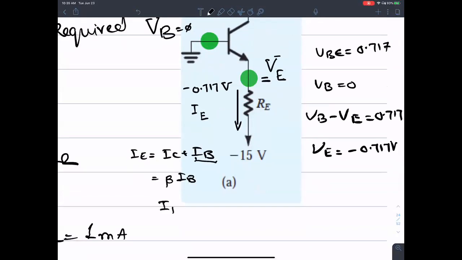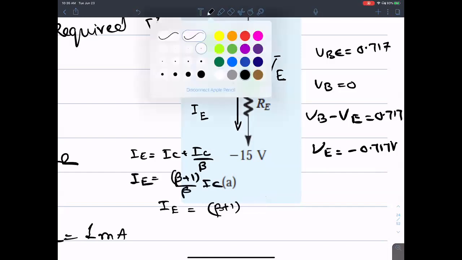So we can calculate IE to be beta plus 1 times IB. We can write all of this in terms of IC: IB is IC by beta, so beta plus 1 by beta times IC is IE.